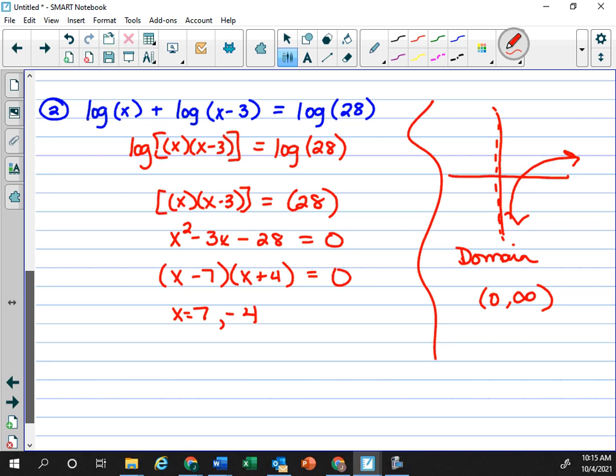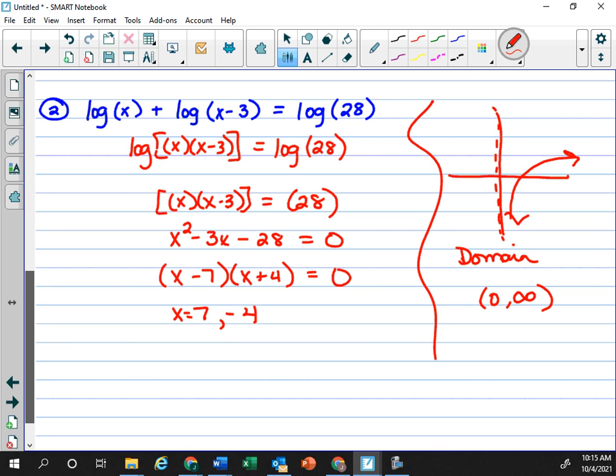So when we're solving, we need to double check. Just because x is negative doesn't mean it won't work, but you just have to go up to the original and plug it in. So if I plug 7 in, positive, positive, obviously positive. -4 though, is that going to work right there? No, so we have to throw out that answer. It's an extraneous solution.